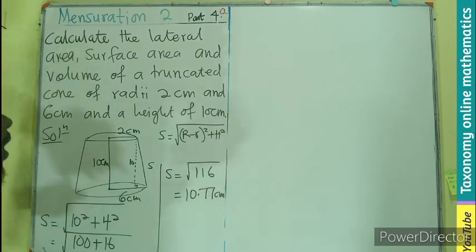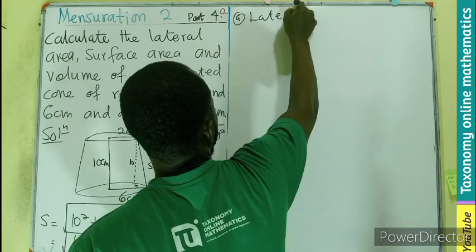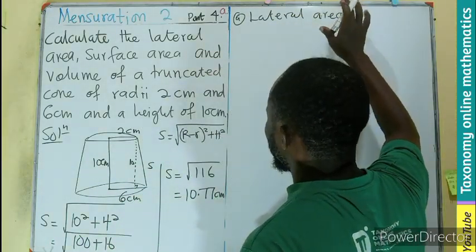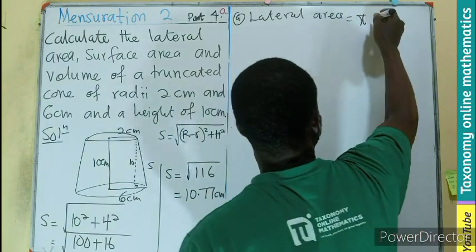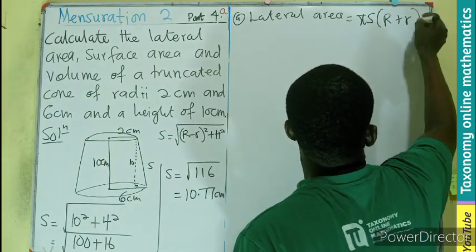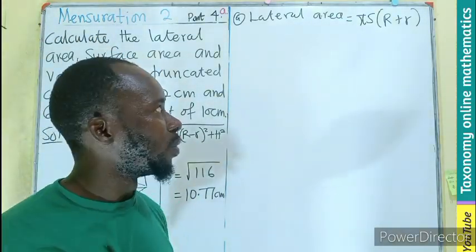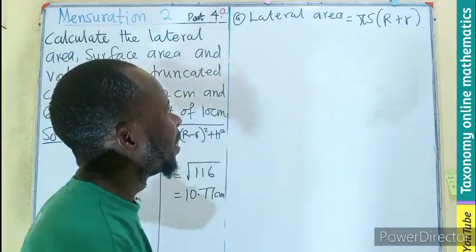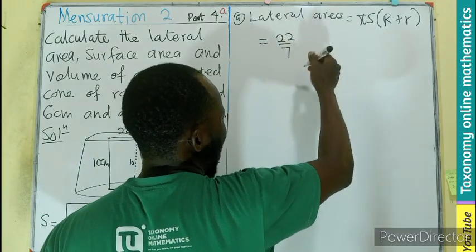If I am looking for the lateral area, first one, the lateral area, which is the curved surface area. We know the curved surface area is pi times s times R plus r. Remember I mentioned that I will be quoting the formula from what we did in the previous episode. So this is the formula we are going to use for the curved surface area. So per substitution, we have 22 on 7 for pi.